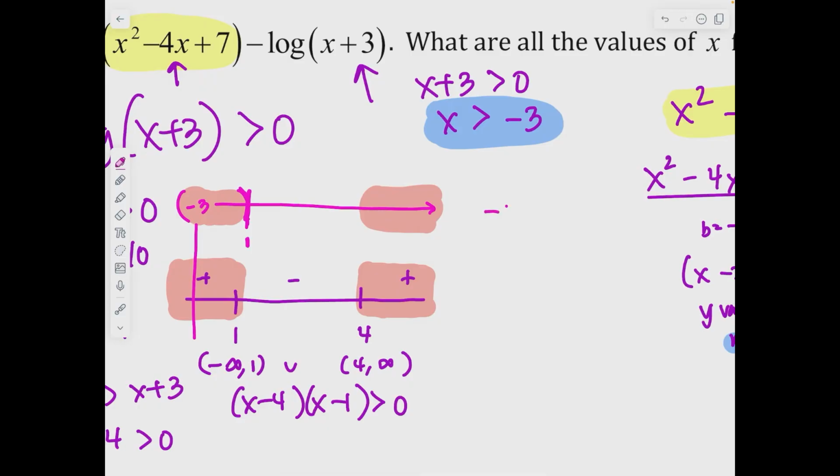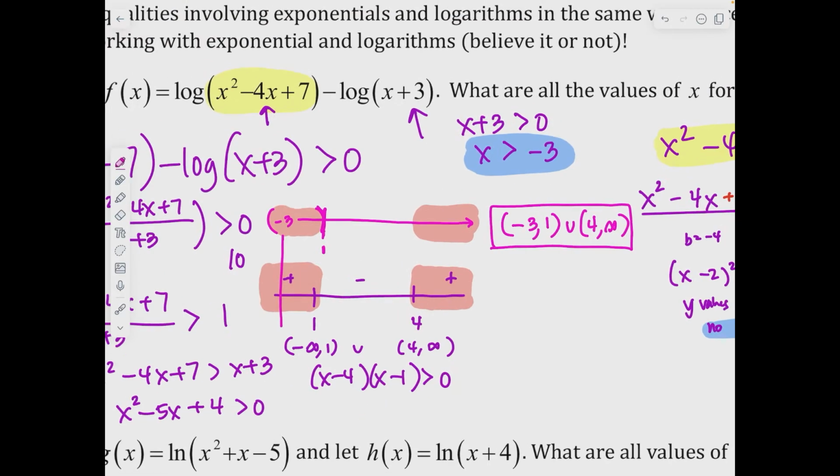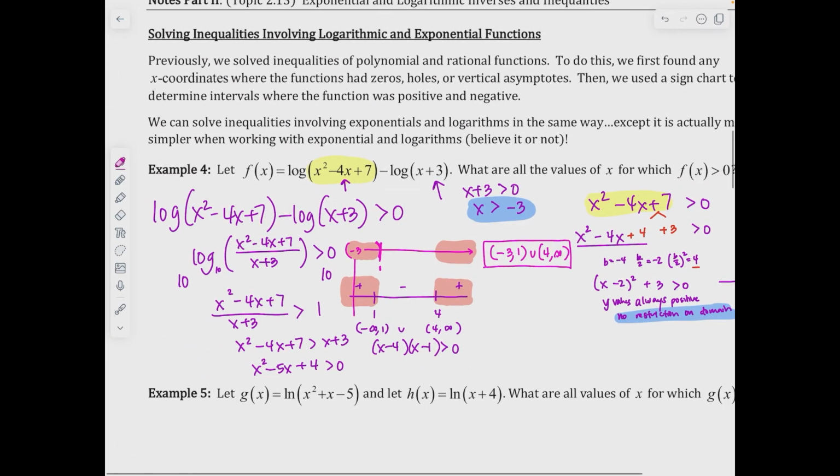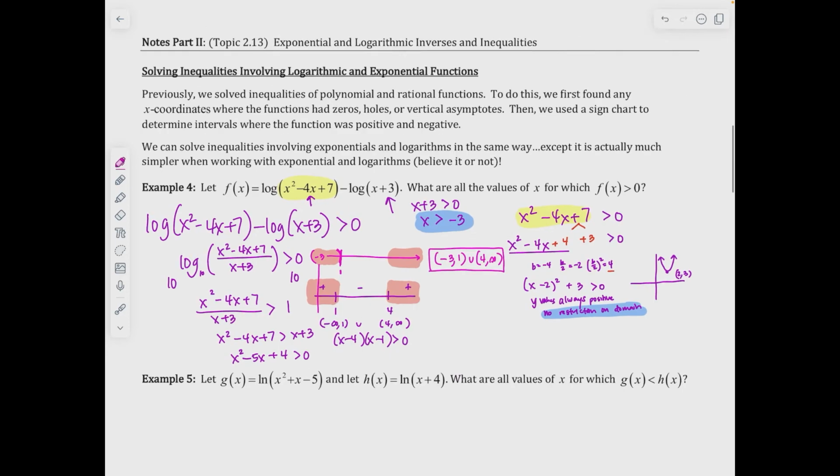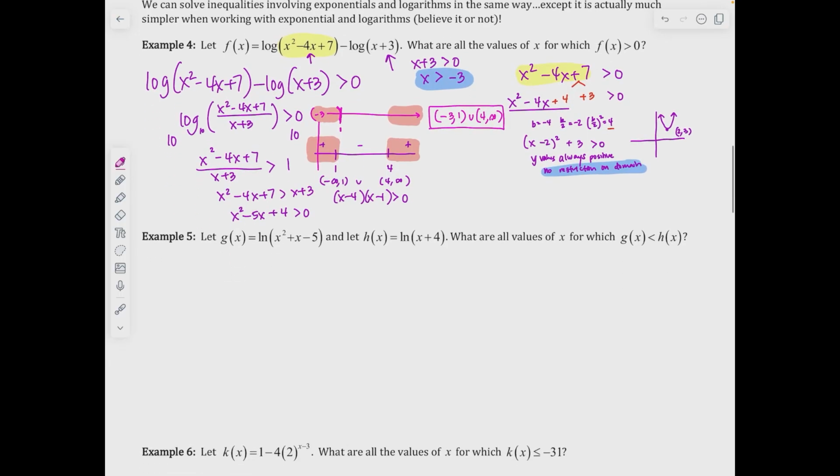So now for my final answer, the overlap is from -3 to 1, and then from 4 to infinity. This is my answer here. A little strange, but that's kind of what we're looking at as far as our answer goes. So you can solve it, and then you can restrict the domain, and then you have to find the overlap between your answer and your domain.